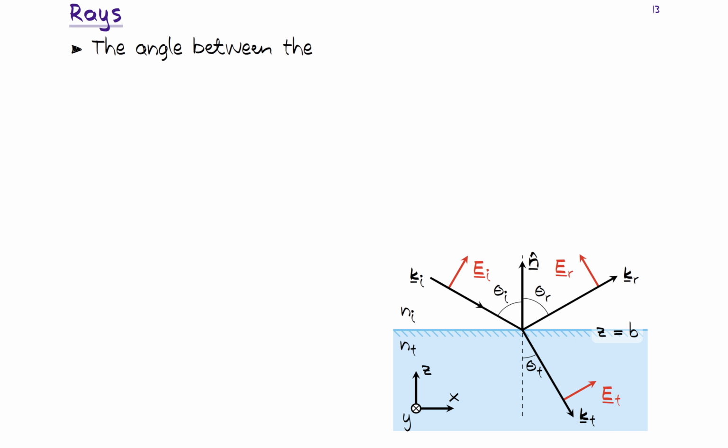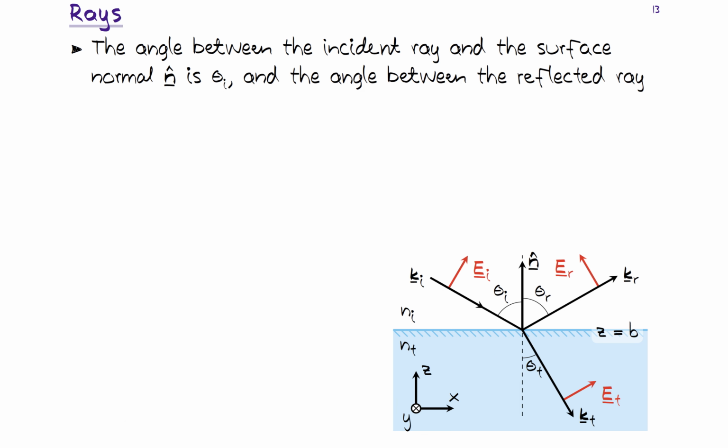The angle between the incident ray and the surface normal, n, as you can see in the figure, is known as the angle of incidence, theta I. The notation I use with my vectors is that I have a bar underneath the parameter, which tells us it's a vector, and a hat denoting that it is a unit vector, so that the length of this vector is always unit length.